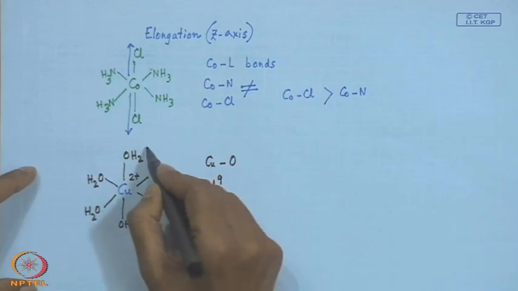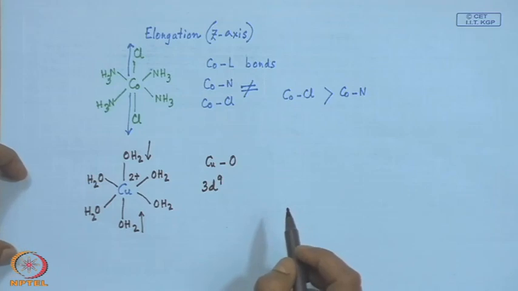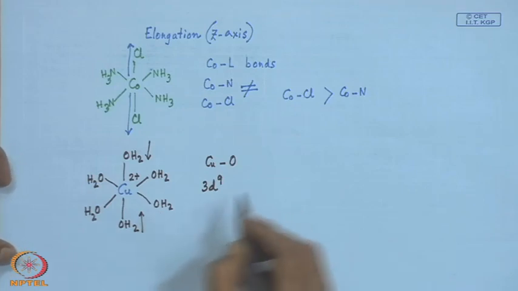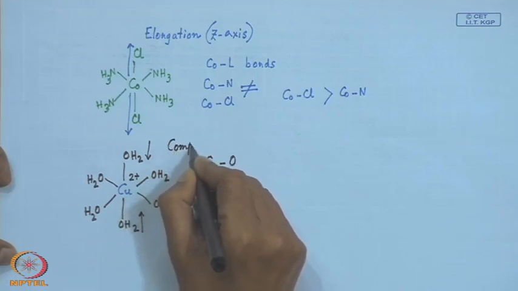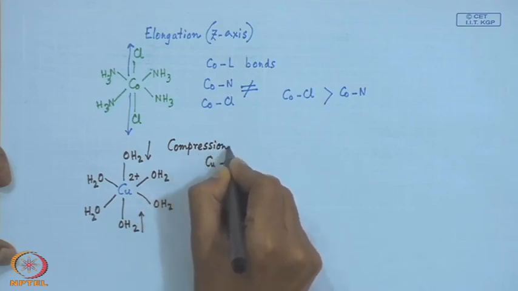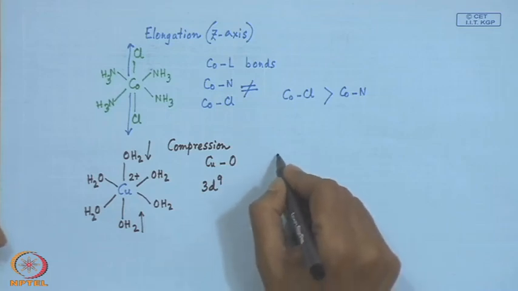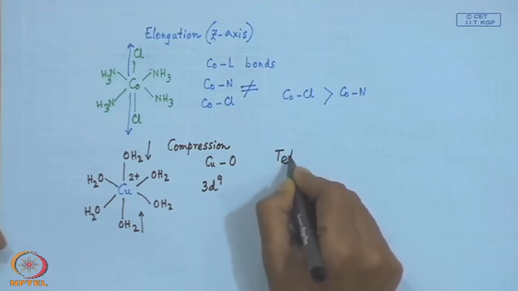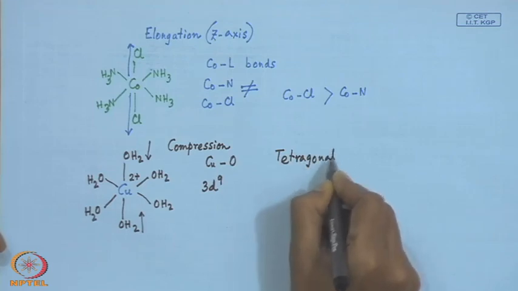When these two bonds are shorter compared to the other four bonds, instead of tetragonal elongation we get a tetragonal compression. So, this is one situation where we are talking about distortion which is tetragonal in nature.